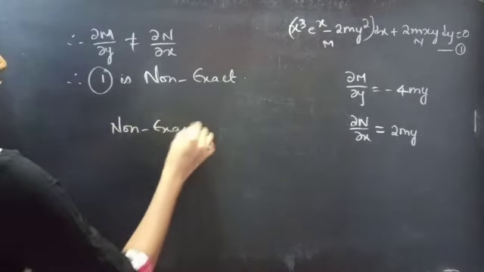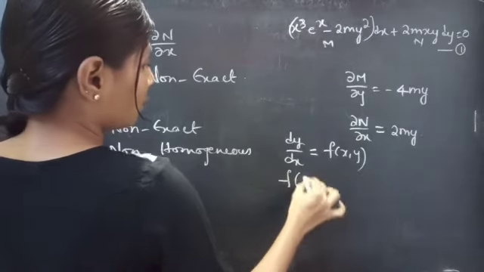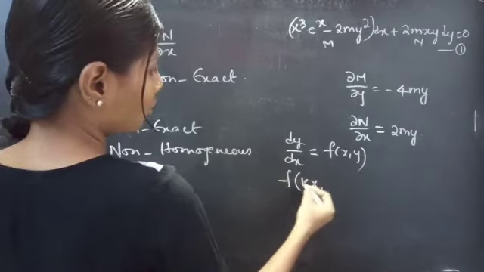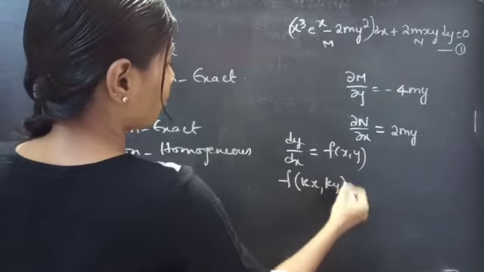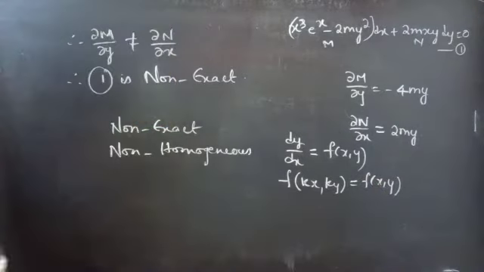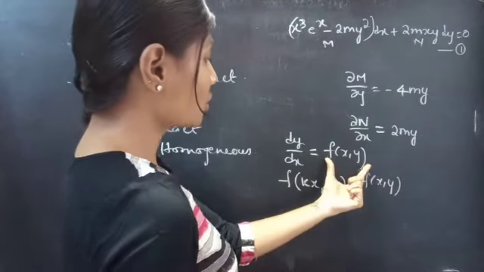If you can write the given equation as dy/dx equals f(x,y), and if f(kx, ky) equals f(x,y), then we can say that this function is a homogeneous function.